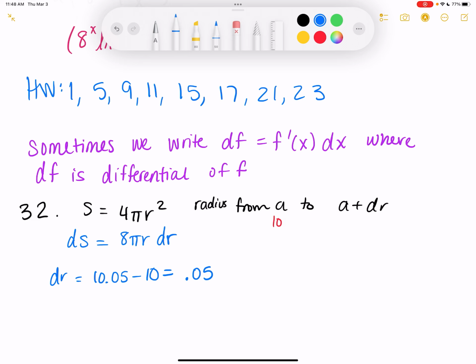So now we plug stuff in. So ds is equal to 8 pi, r is 10. I said A is 10, r is 10, it's all the same thing. It's just plugging it in. So 10, and then dr is 0.05. And you can leave it in terms of pi, so your answer can be something pi. So 4 pi centimeters squared.